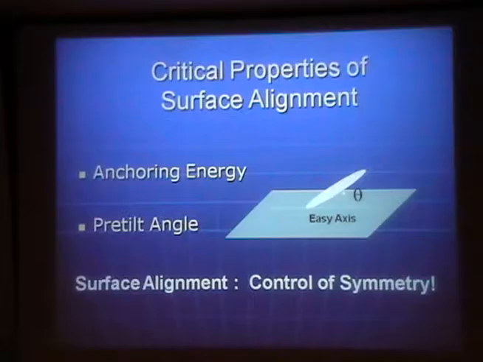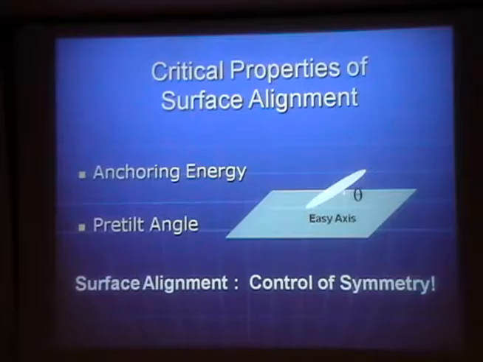We're primarily concerned with nematic liquid crystal, so we only have a director here, and the angle the director makes with the surface is called the pretilt angle. And so from an engineering point of view, what they're trying to achieve is, first of all, the pretilt angle as desired for the particular format of the display, and anchoring energy is something needed to stabilize that pretilt angle.